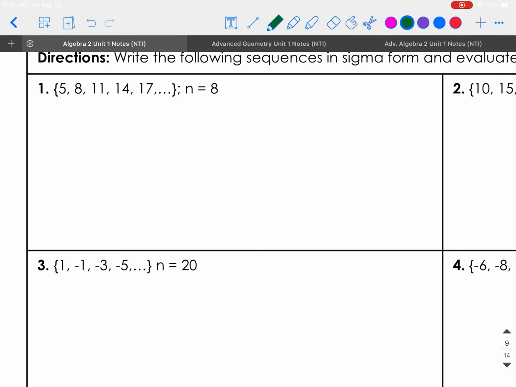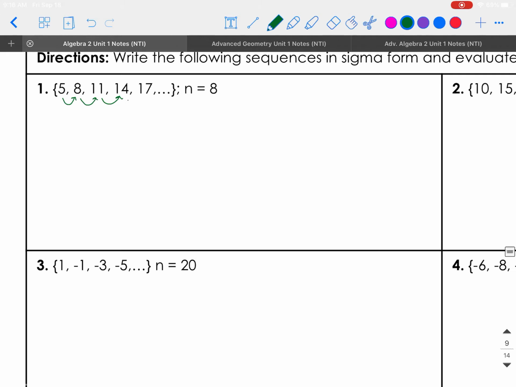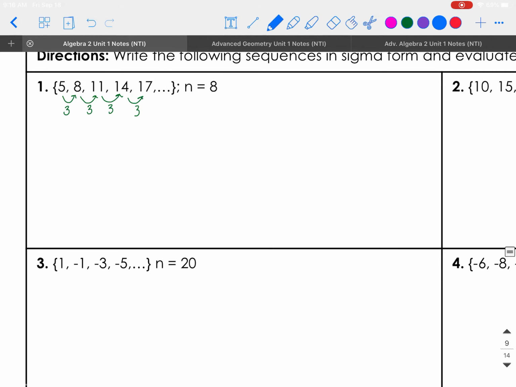So that means we're going to be adding some number every time, and that number is 3. We're adding 3 every time. So always we're going to start out by writing the sequence formula.